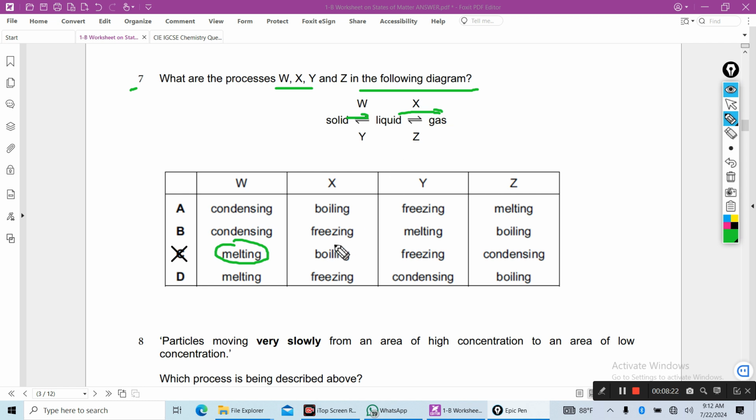And Y is liquid goes to solid, freezing. And Z, gas converted to liquid, this process name is condensing or condensation. So C, all are right, C is the correct answer.